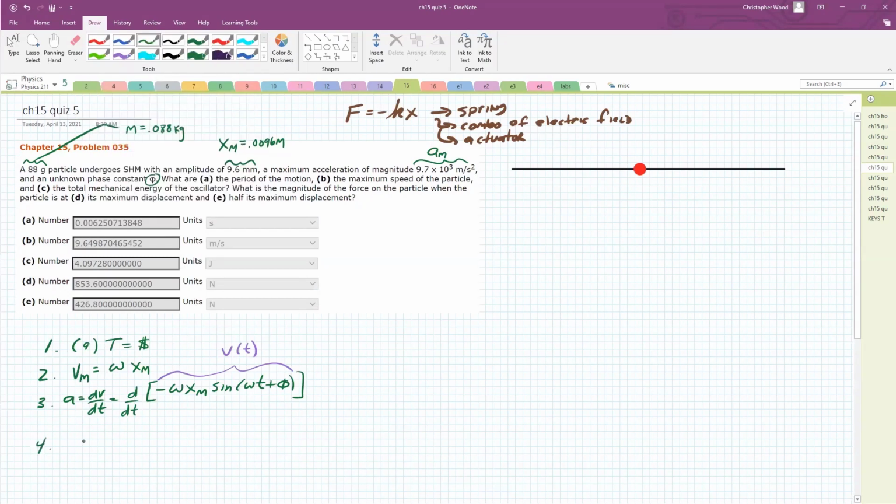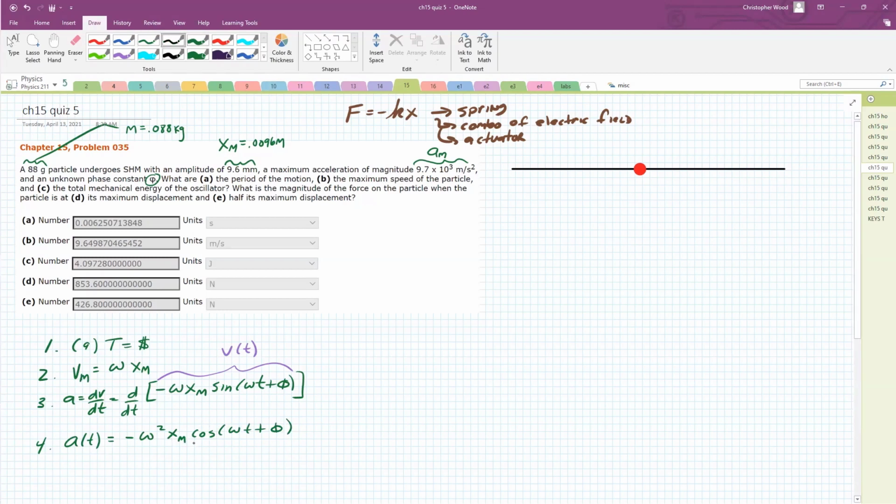Number 4, the acceleration as a function of time equals minus omega squared x sub m cosine of omega t plus phi. That's me taking the first derivative of my velocity function.